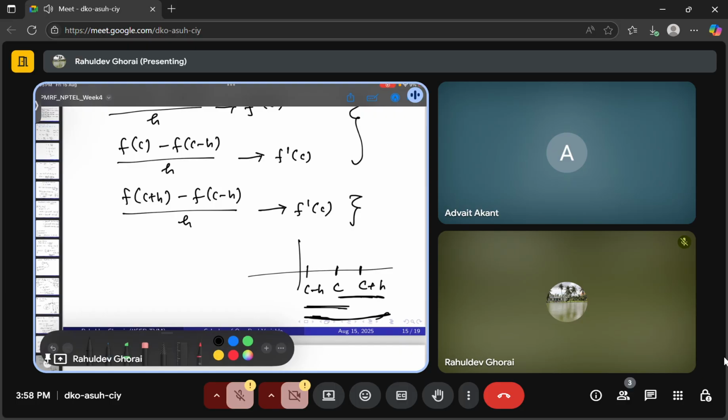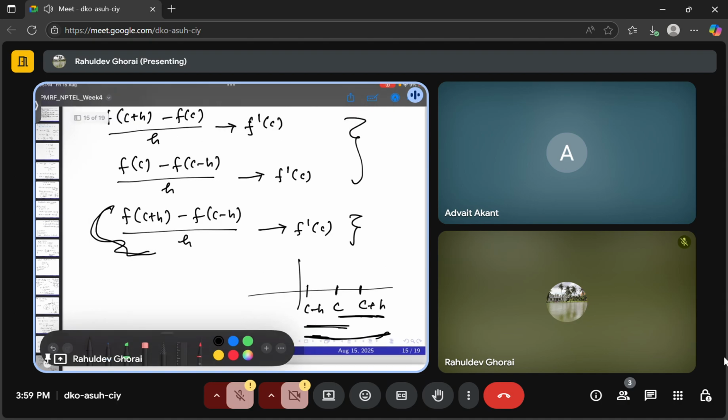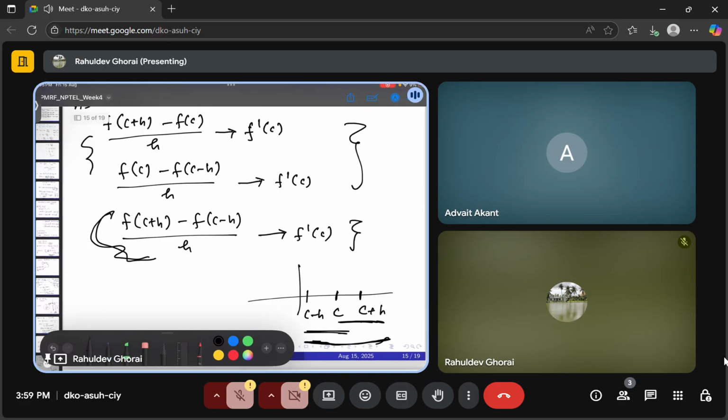Then also it will approximate: they converge to f prime c as h tends to 0. This one is a centered type of approximation, and the other two are forward and backward types of approximation, because f(c plus h) minus f(c) is a forward approximation, and f(c) minus f(c minus h) is a backward approximation. So those are related mainly. That's why I just wanted to tell you.